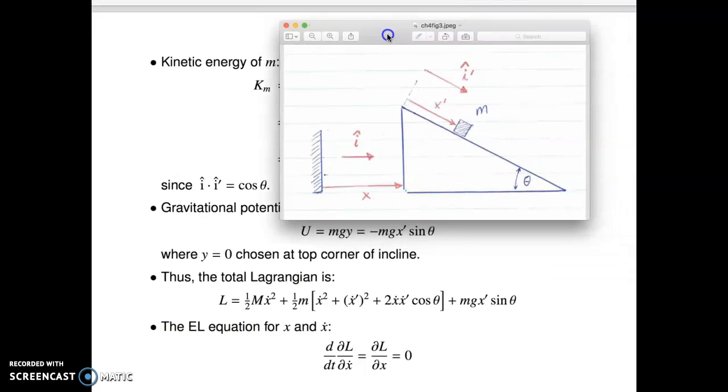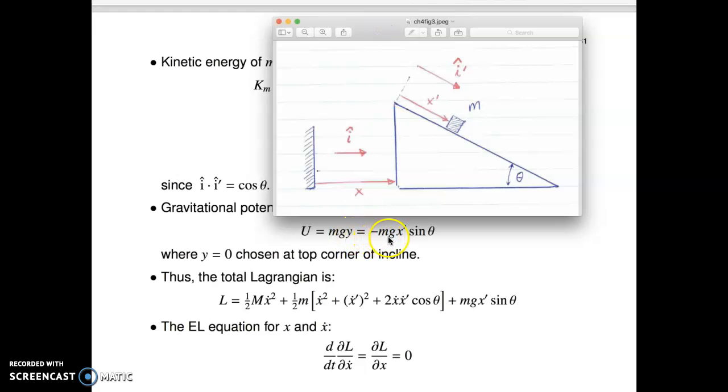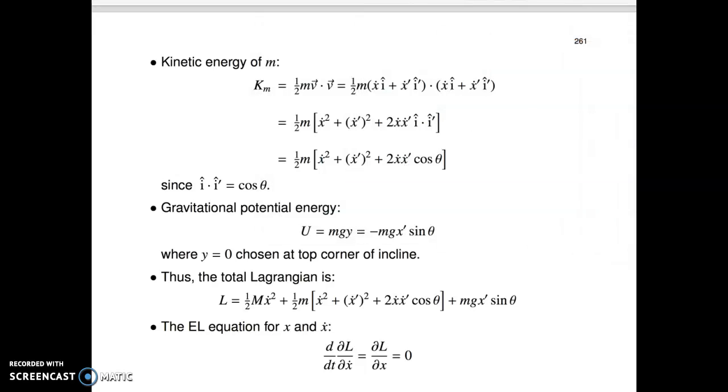Oh, and we're assuming here that y is equal to 0 when x primed is equal to 0. So we're choosing y equals 0 to be this level right up here. Y equals 0 is not down here, we're choosing it to be up here. It's totally arbitrary. Let's choose it here because it's more convenient. So here's the potential energy.